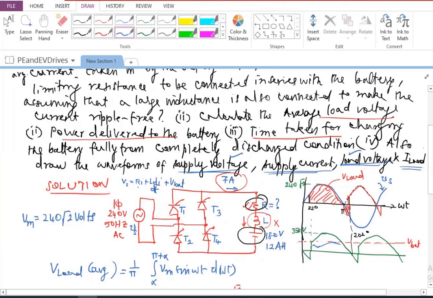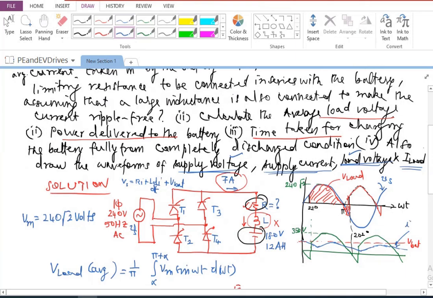So Vs minus V battery minus Ri equal to 0. That is where the current will reach maximum. So the current will now come down like this. And then again, it should increase and come down like this. So this is the way we are going to have the current.